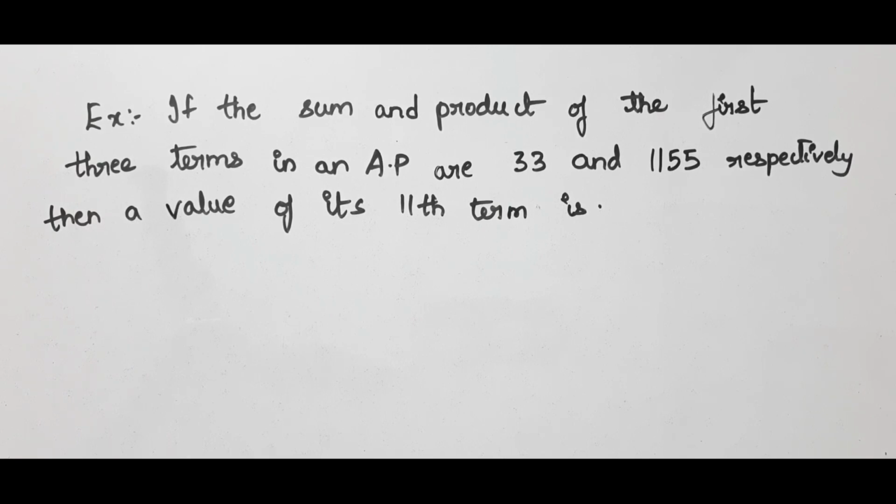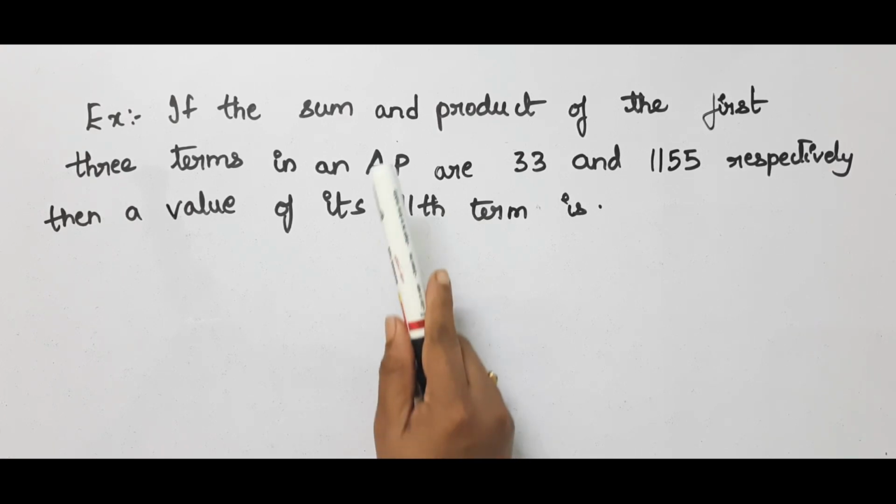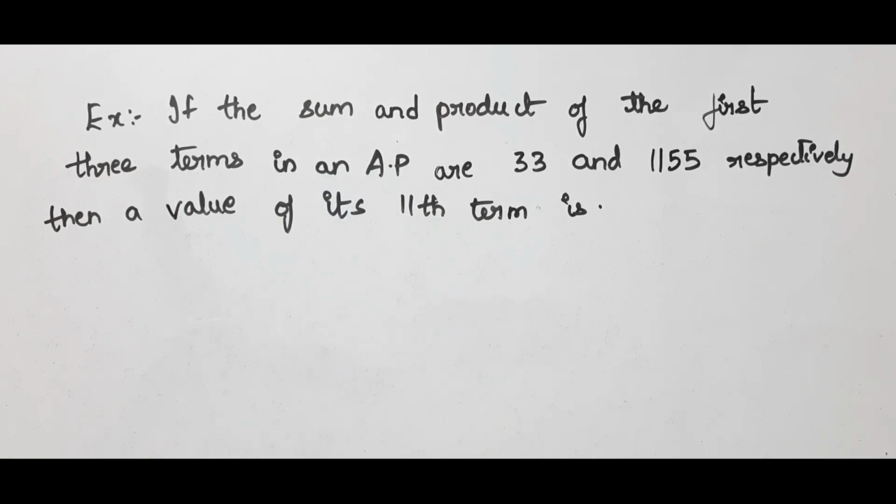Suppose the problem is given as: if the sum and the product of the first 3 terms in an AP, that is arithmetic progression, are 33 and 1155 respectively, then find the value of its 11th term. So here the two conditions are the sum of the first 3 terms and the product of the first 3 terms, which is given in the first sentence, is it not?